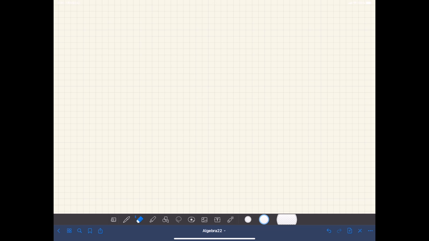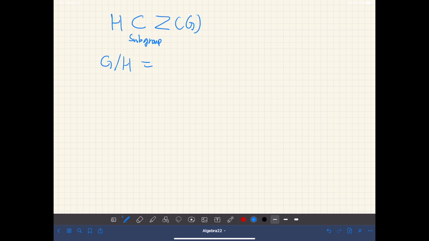Next, consider the case where H is a subgroup of the center of some group G. And also, suppose G over H is a cyclic group. So that means there is a generating element, Ha, where all the elements of G over H are of this form, where n is an integer.